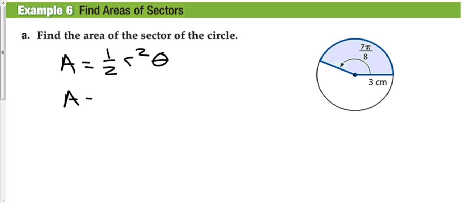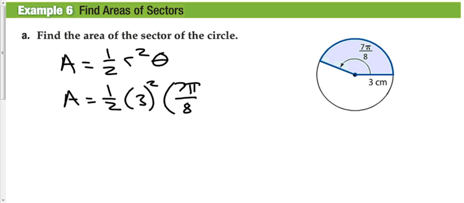So my area is going to be 1/2 times 3 squared. Theta is 7 pi over 8. Multiply these all together, we would get 63 pi over 16.